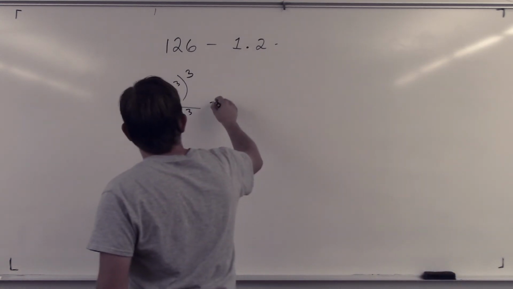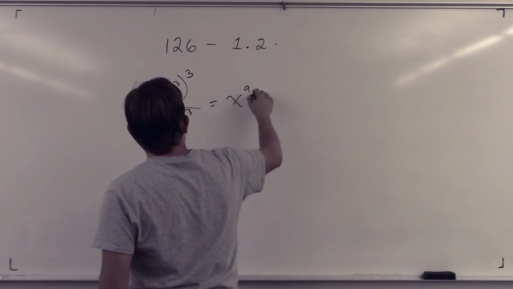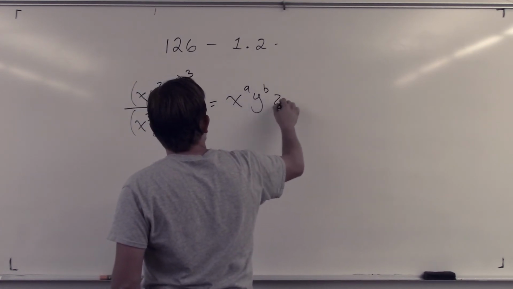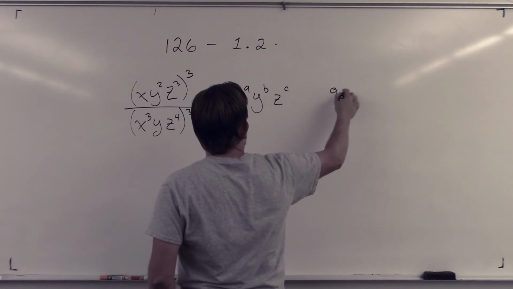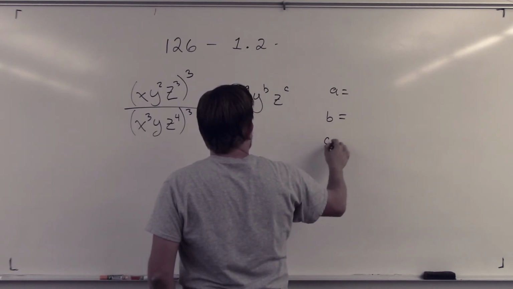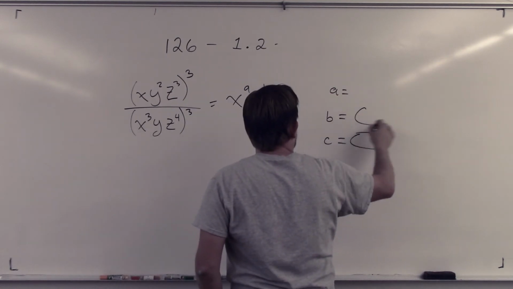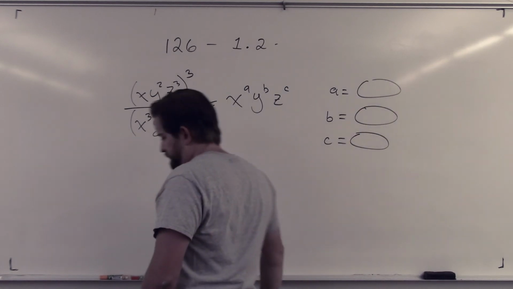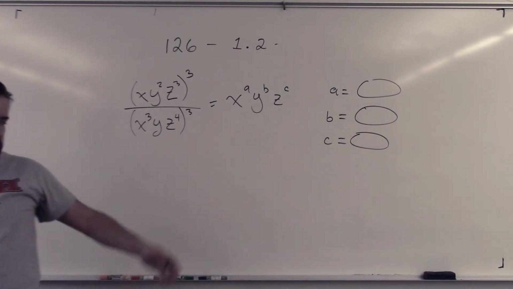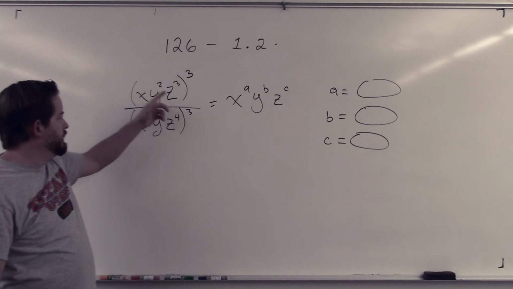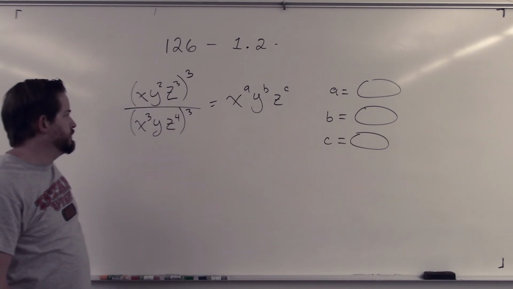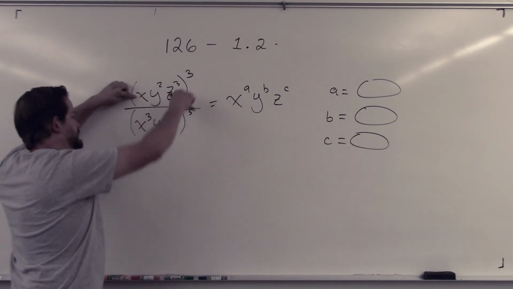Okay, and this is supposed to be then x to the a, y to the b, and z to the c. And they ask you for a, b, c as your inputs. There we go. So I would start with distributing the 3 through the numerators and the 3 through the denominators. This becomes x to the third.